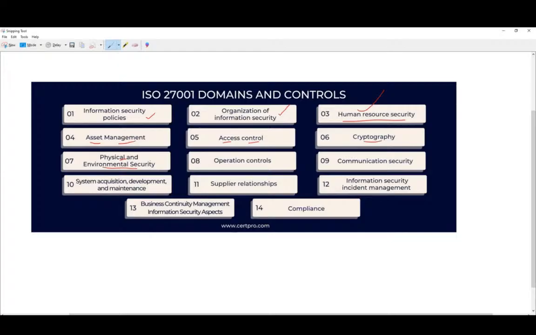What are operations controls and communication security? System acquisition, development and maintenance, supplier relationships, and information security incident management. And then we have compliance, and business continuity management and information security aspects. Whatever you know, let me know, and then I will add a couple of points.